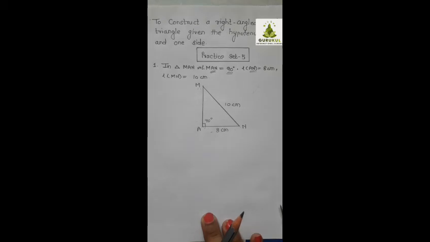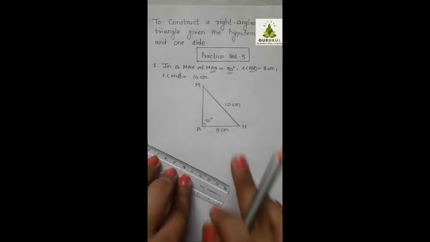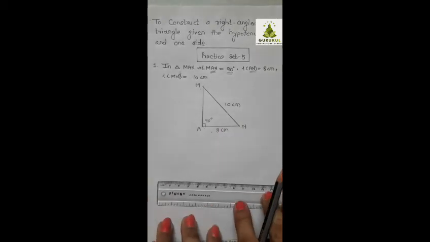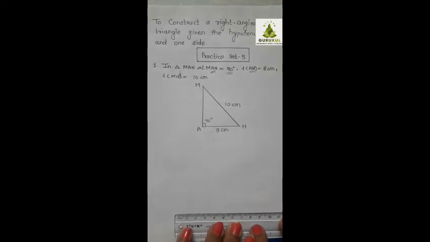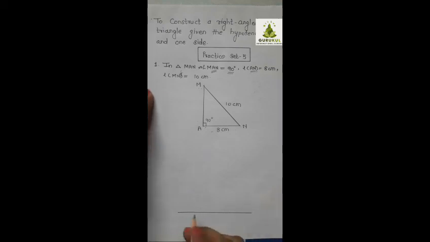Now let us start. You have to first draw 8 centimeters segment. So this is 8 centimeters. This is point A, point N, and length is 8 centimeters.